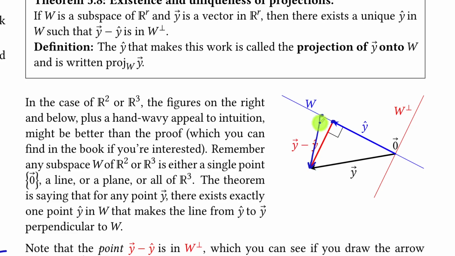That's not going to be a right angle. Any other point in W is going to make it so the vector from that other point to y is not a right angle. So there's only one point in W so that when you go from that point to y, you go perpendicularly to W.